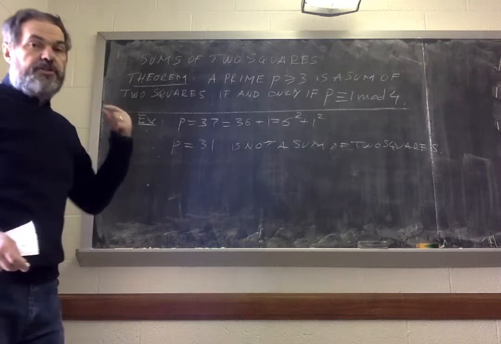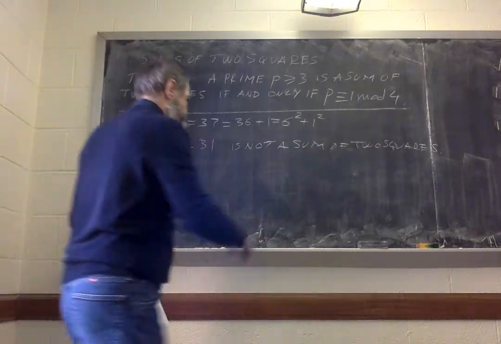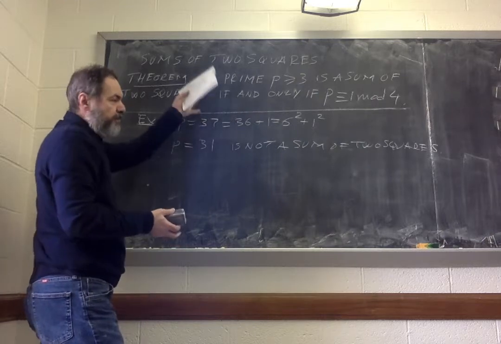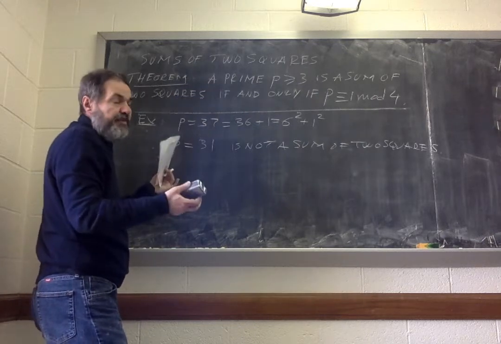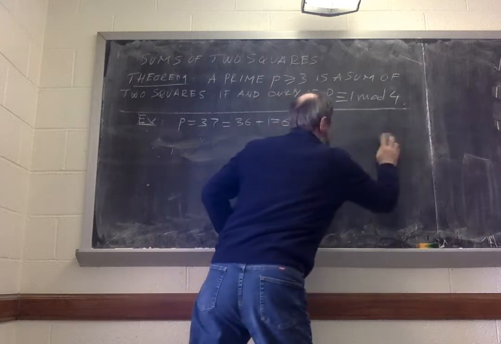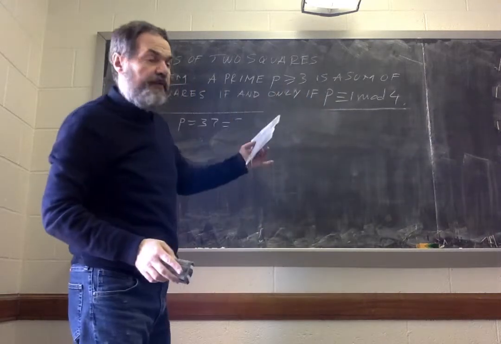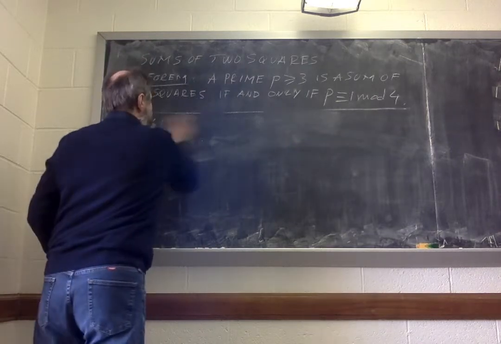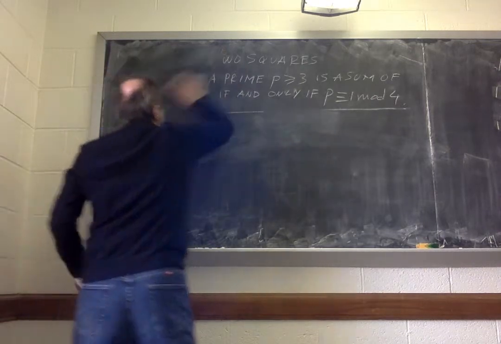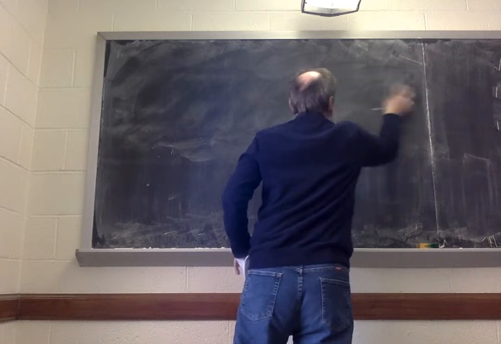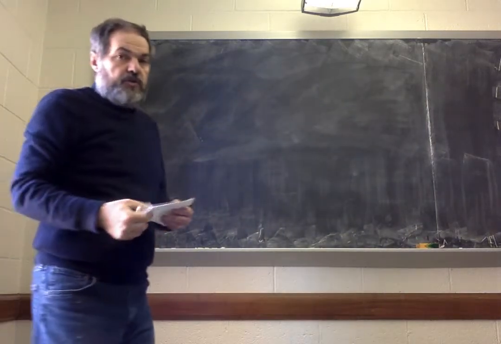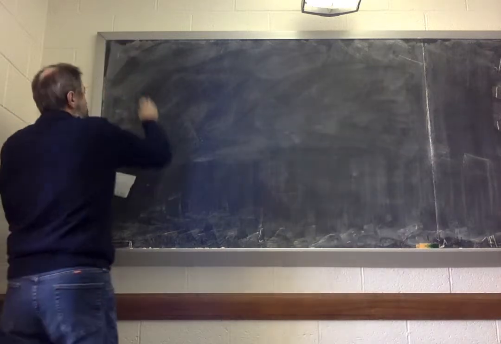Now, for a general number, we have a general theorem that in particular applies in this case, but it applies in all cases. So again, if I have a number that I know is a prime, then I just use this criterion. So now for a general number, let's write it here.